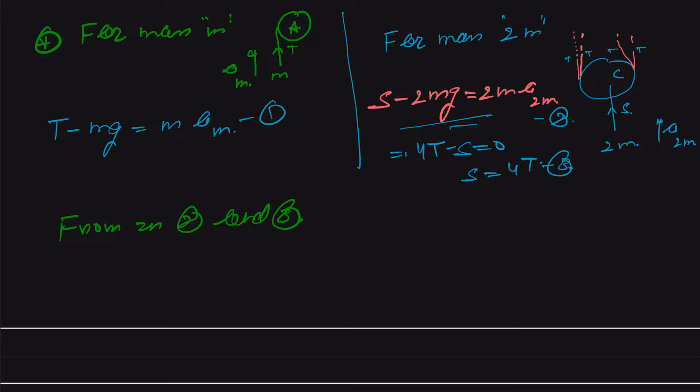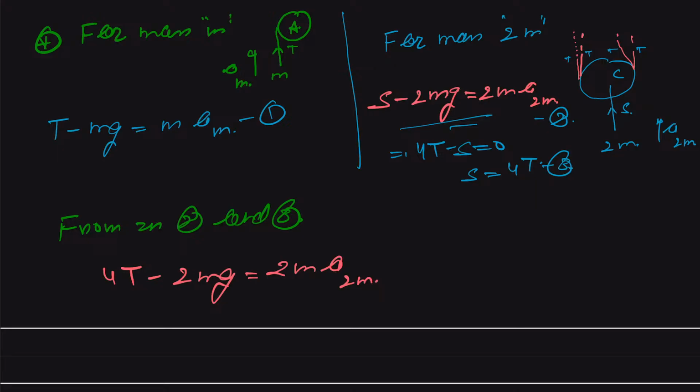we can write this as 4T minus 2mg is equal to 2m acceleration of our 2m. Okay.